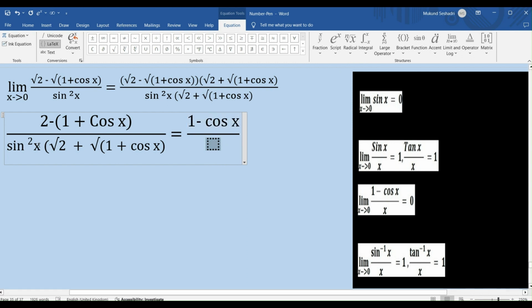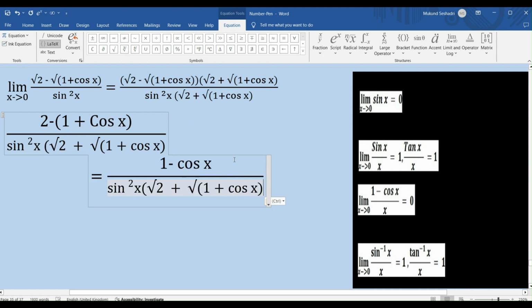divided by sine square x into this expression, right?